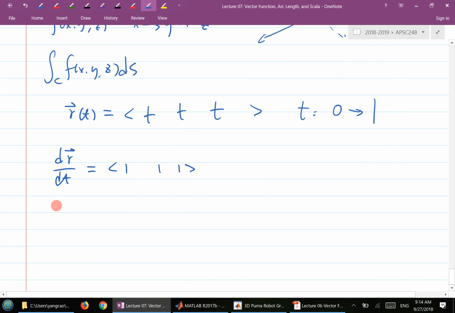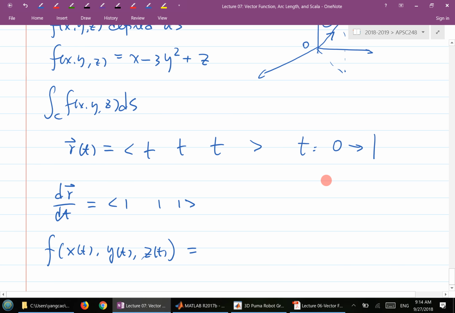And next, I will calculate what will be the function f of x, y, z once I substitute the parametric equation into this function f. Now this is where I have found troubles in the past. Students having trouble doing the substitution for x, y, z into the function f.